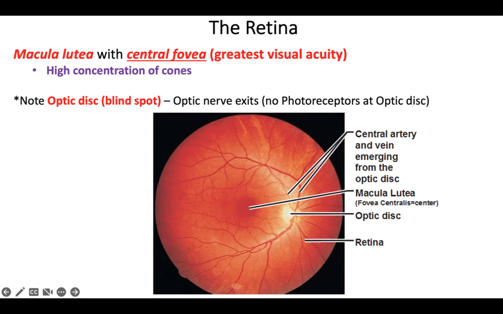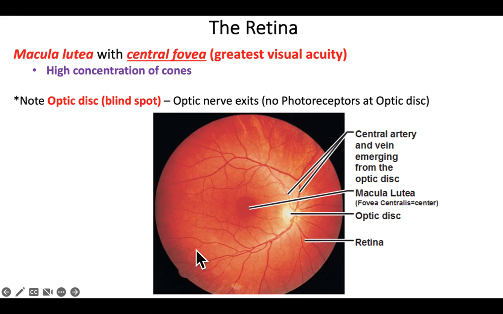So if you want to see something really, really well, you look at that object, right? The reason why you have to look at that object is the light will then hit your central fovea that's within the macula. If the image hits outside your macula and your central fovea, that's your peripheral vision.